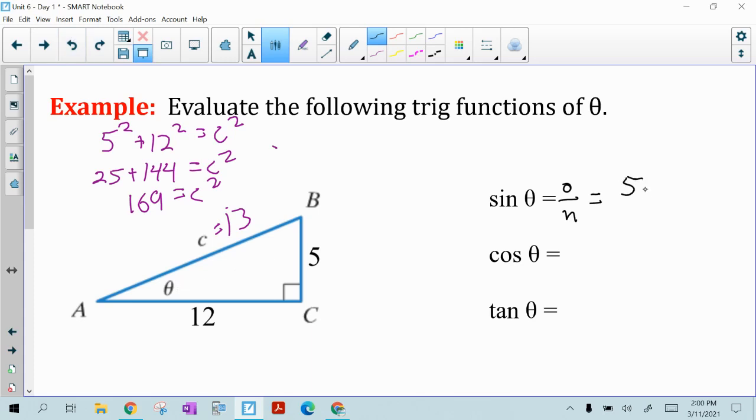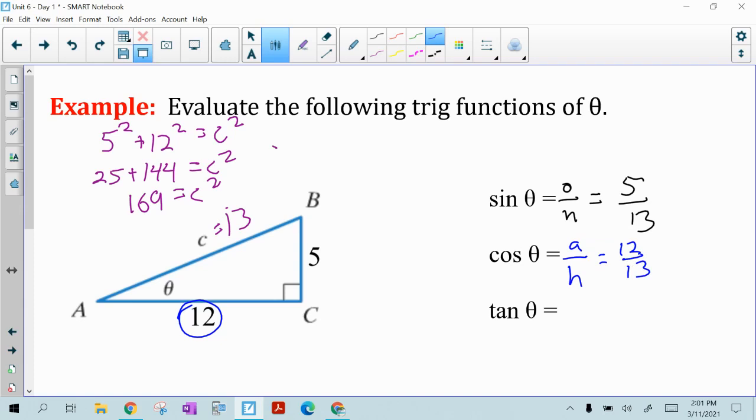So I'm going to say 5 over, and my hypotenuse is 13. So the sine of my angle is 5/13. Next, cosine is adjacent over hypotenuse, and adjacent means next to. My adjacent is 12, and my hypotenuse is 13, so 12 over 13 there.